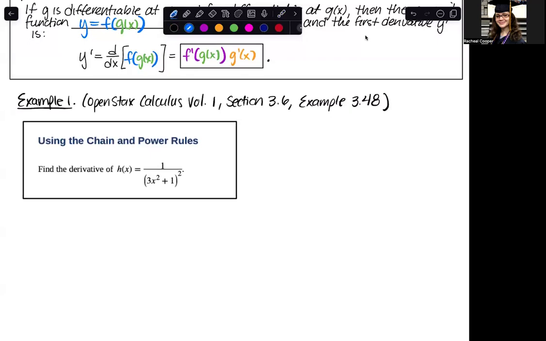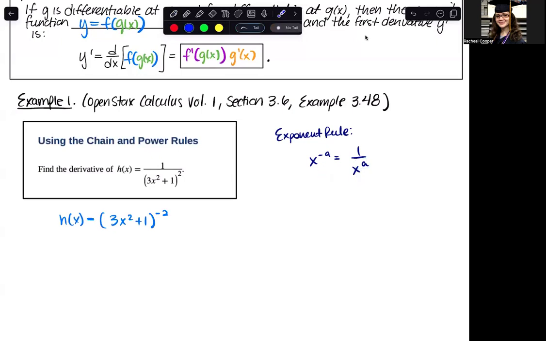So in this case, it is going to require us to rewrite h of x as the following expression, remembering the exponent rule. If you have a negative exponent, then that is equivalent to moving that base to the denominator of a fraction and then changing the sign of the exponent to be positive. But this rule works in reverse as well.